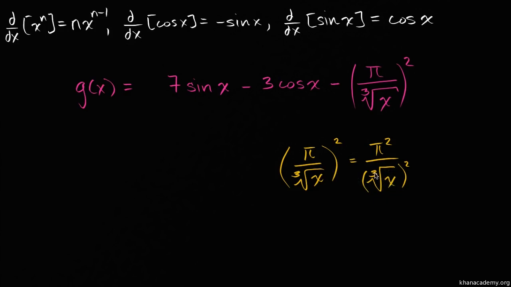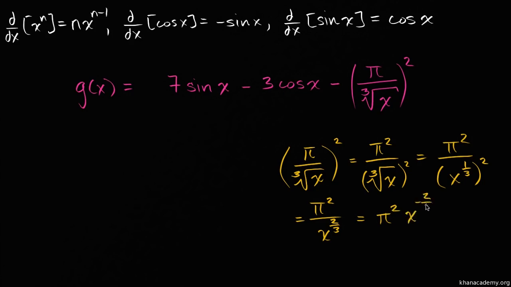We're going to take x to the 1/3 power and then raise that to the second power. So this is equal to pi squared over, let me write it this way, I'm not going to skip any steps because this is a good review of exponent properties, x to the 1/3 squared, which is the same thing as pi squared over x to the 2/3 power, which is the same thing as pi squared times x to the negative 2/3 power.